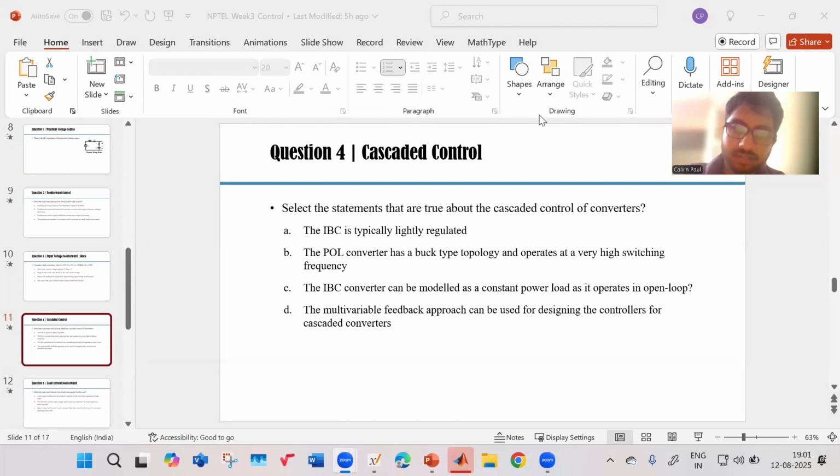Option C is wrong. Usually POL converter is modeled as constant power load. Yes, okay. Then option B is correct. Okay. Option A is also, I think, correct because POL is tightly regulated.